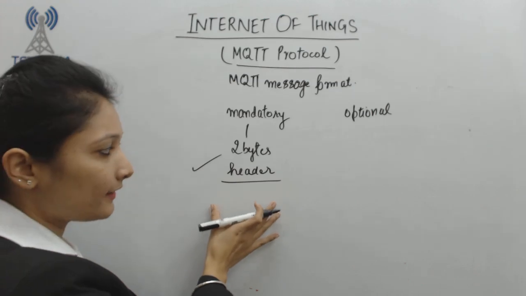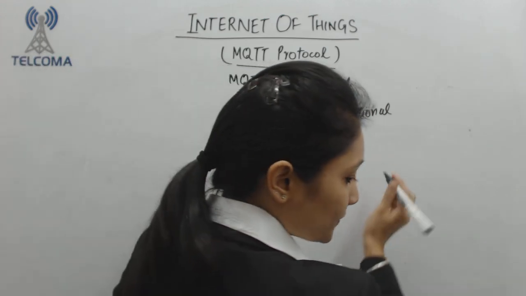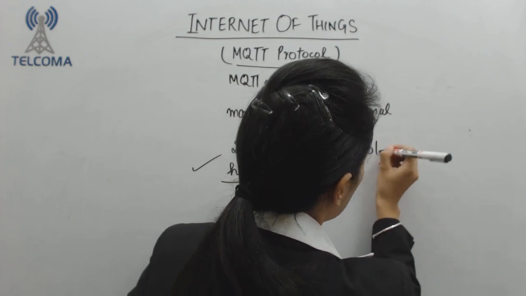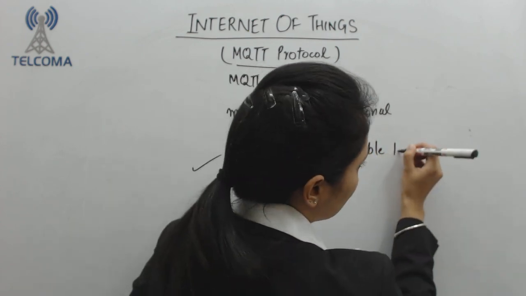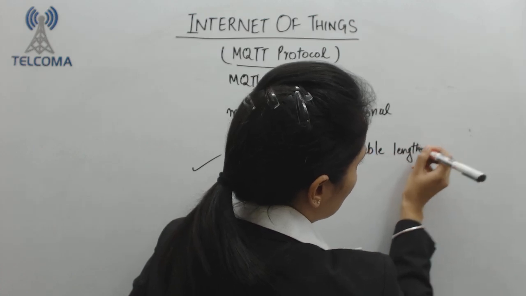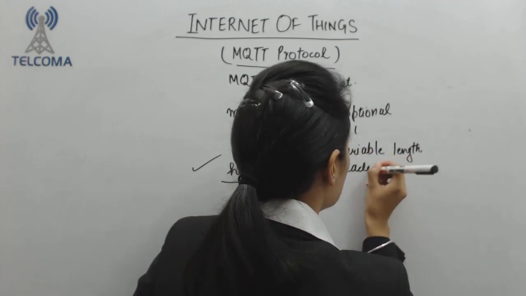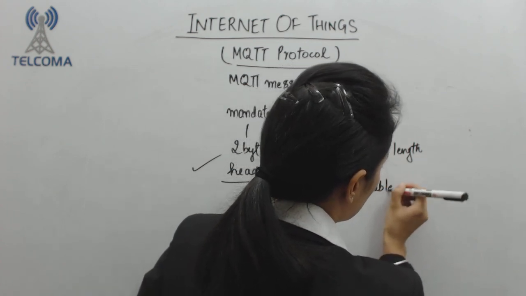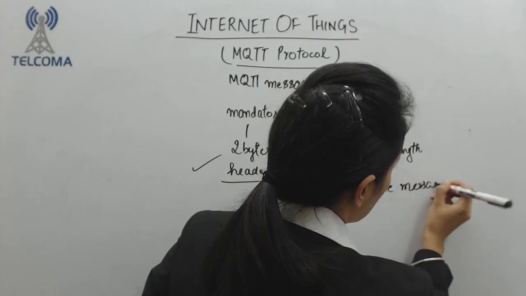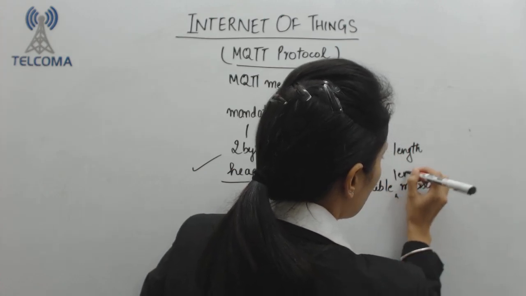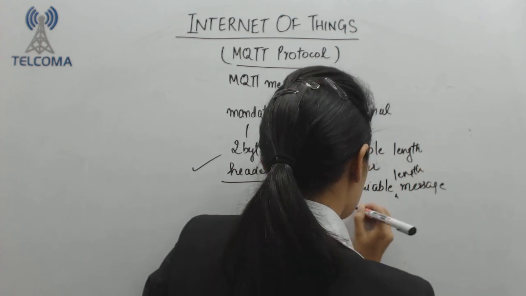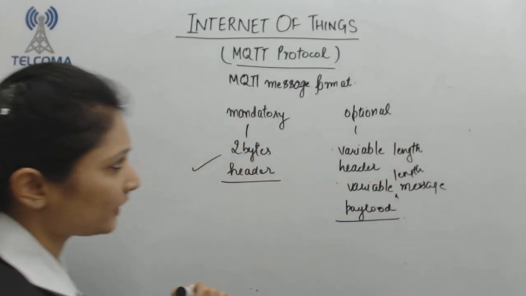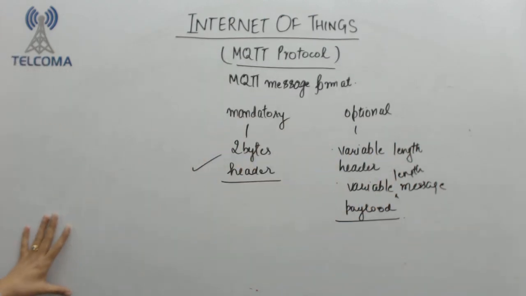So this is your header field. Now in optional you have either variable length header and variable length message payload. So these are the two types of messages here.